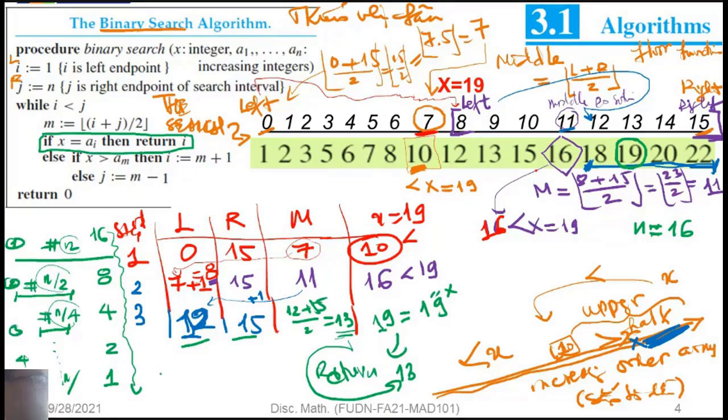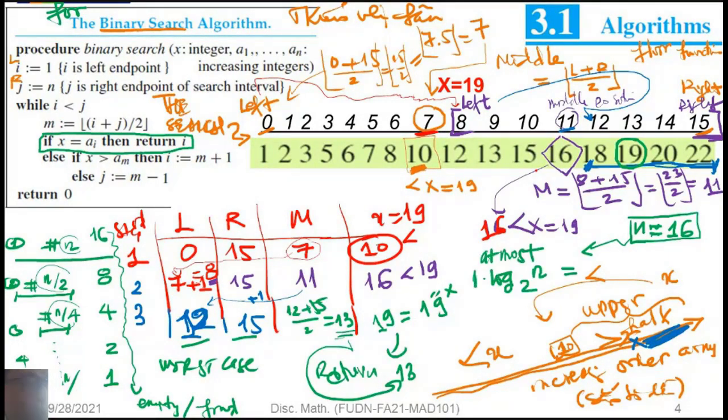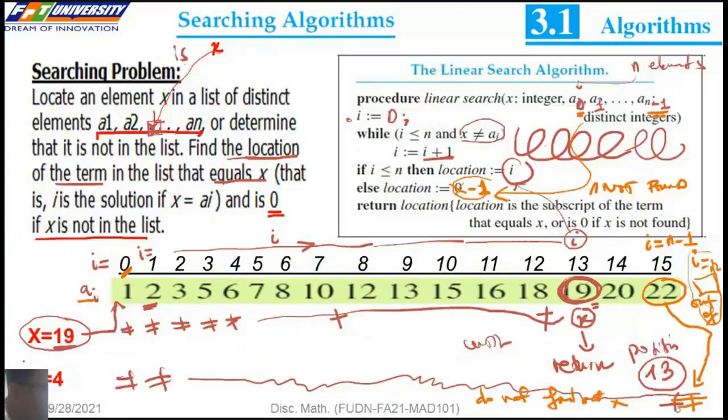So in the worst case for binary search, if the array has length n, we need at most logarithm of n, maybe plus 1, so the complexity is O of log n.